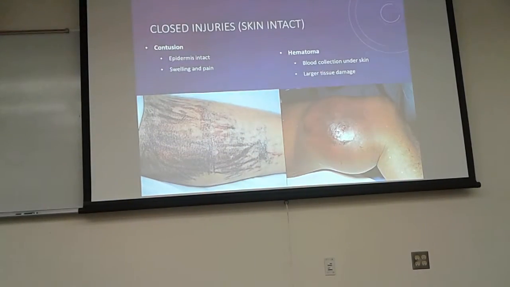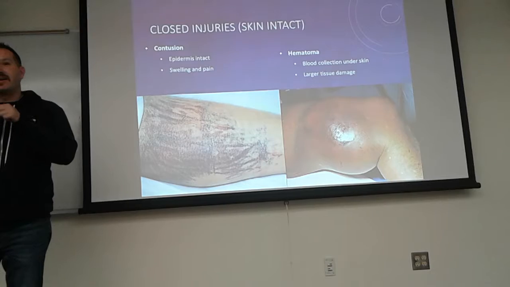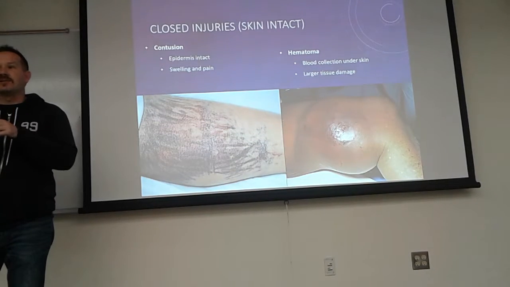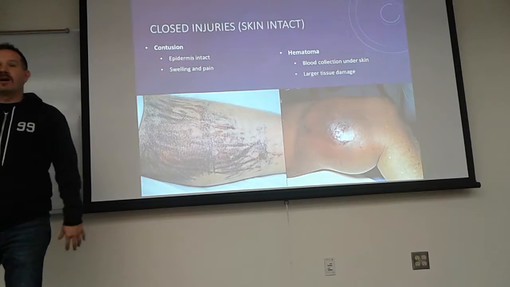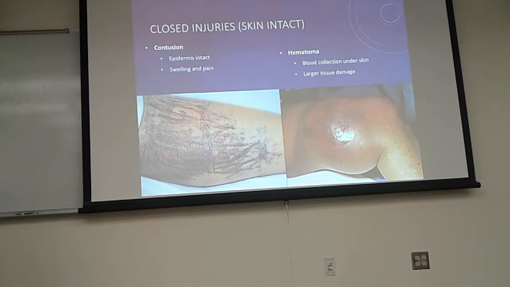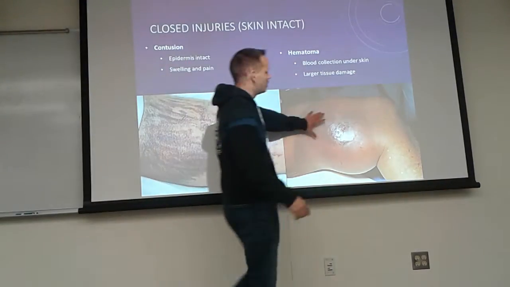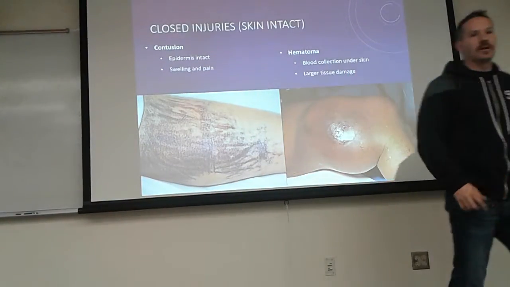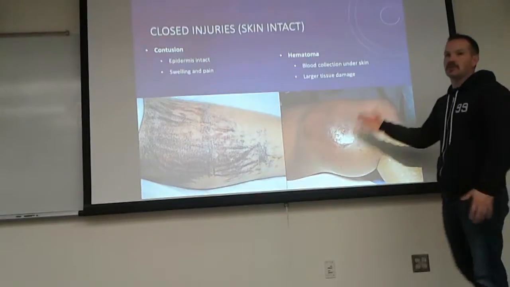It's like the most painful thing you've ever been through. But then if you simply take a needle and put a little hole in it and all of a sudden it basically explodes, what happens to the pain? It's almost instantaneous, right? So there are times where large hematomas will have to be drained. They'll have to be lanced, they'll drain it out.